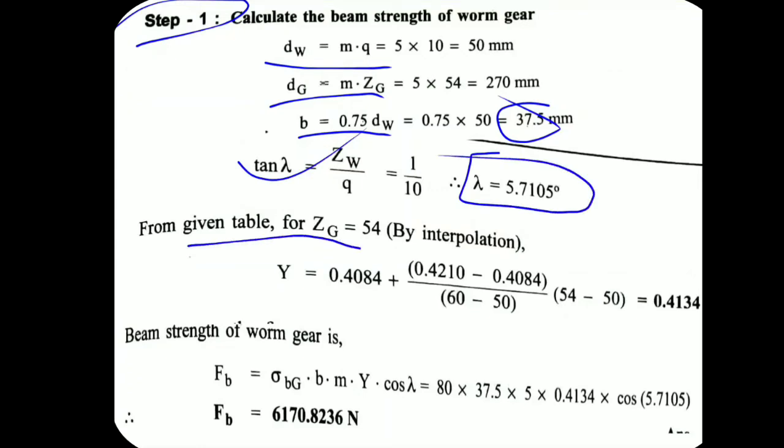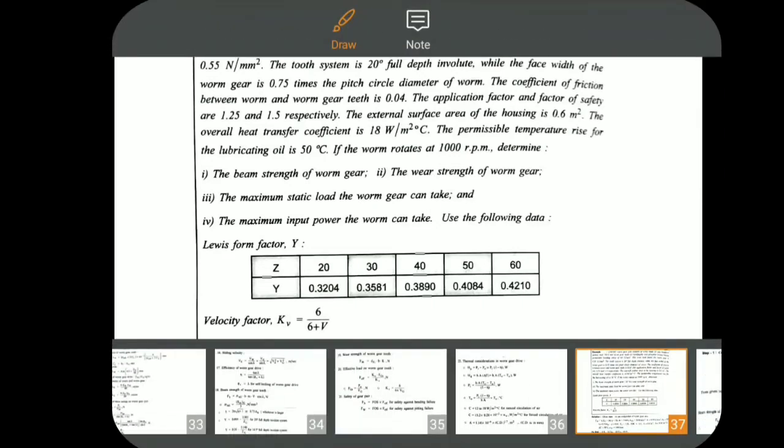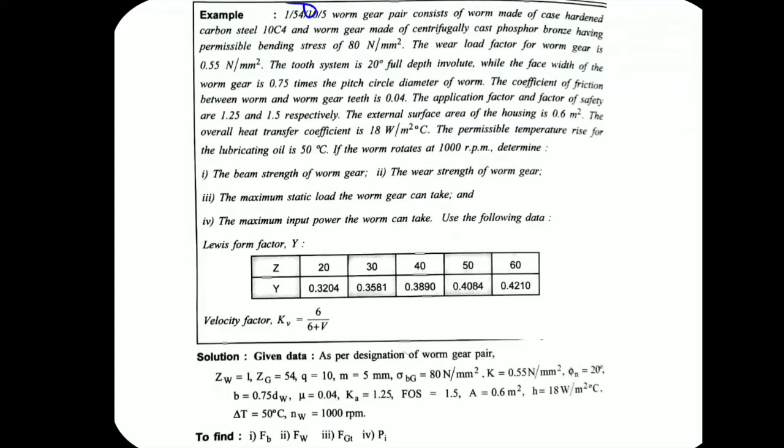From the given table, ZG, the number of teeth on the gear, is 54 they have mentioned. So 54 number of teeth is considered. So what would be the value of y? The table has z and y, which means that for the respective z we need to take the value of Lewis factor y.